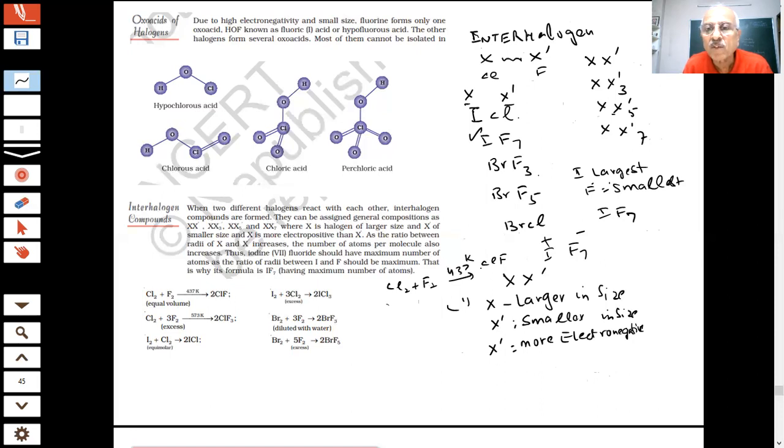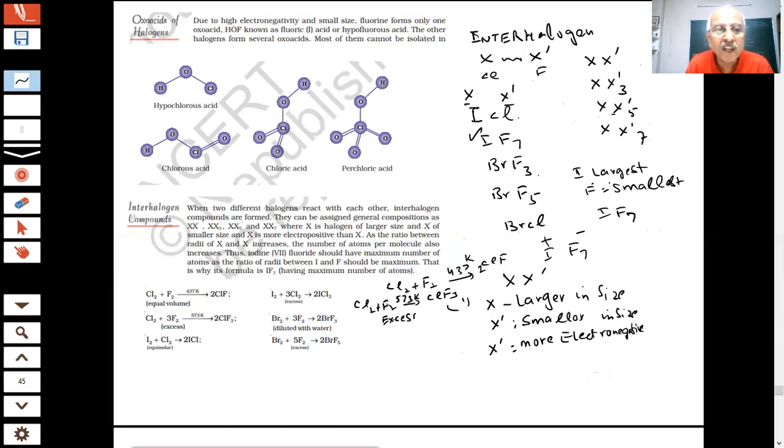At this temperature, the two react to form interhalogen compounds. If I take equal volumes, then you are getting ClF. But if you take fluorine in excess, student, then what will happen? If I have Cl2 and you take F2 in excess, then it can form ClF3. The temperature mentioned is 573 Kelvin here.